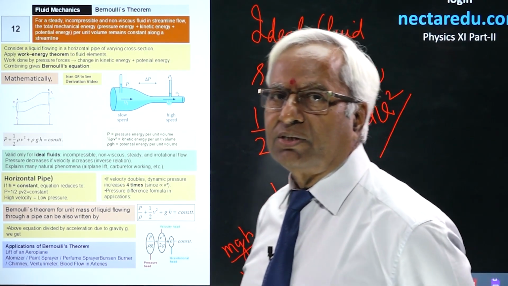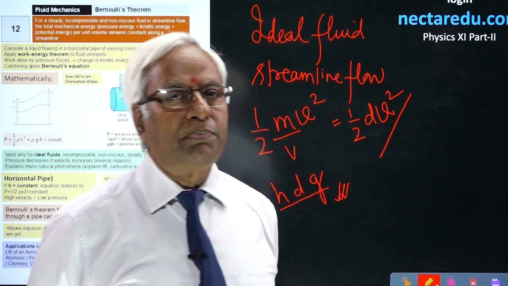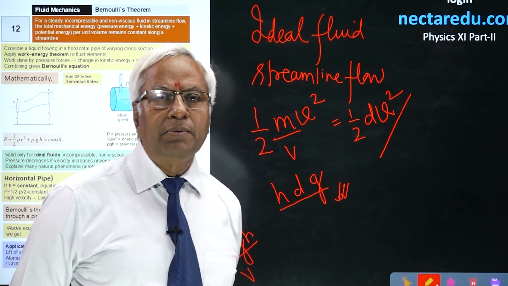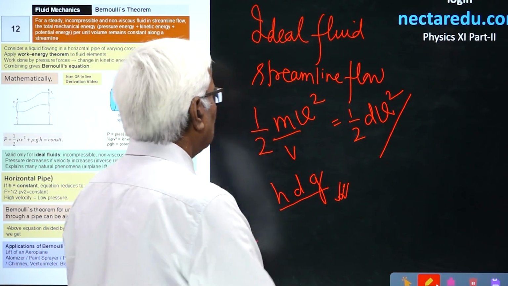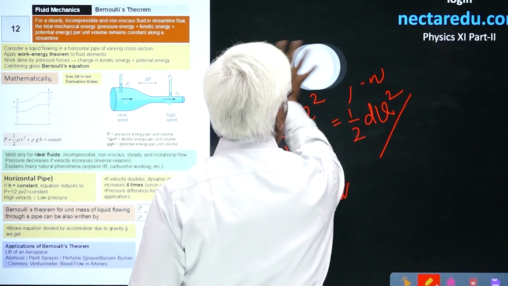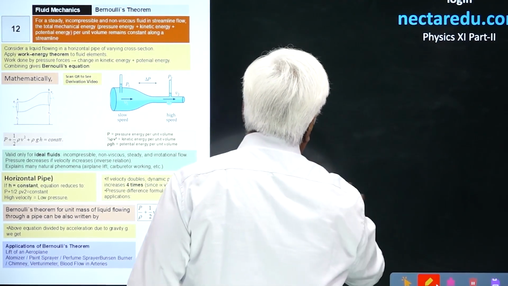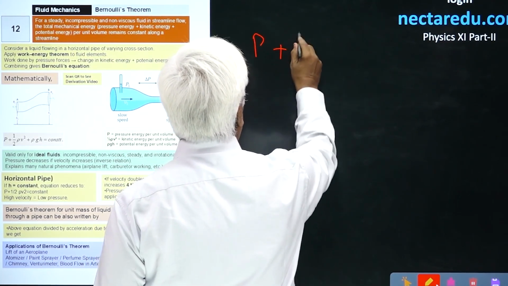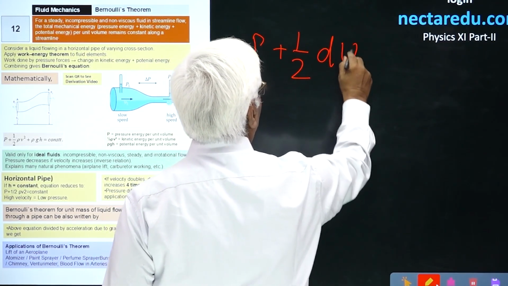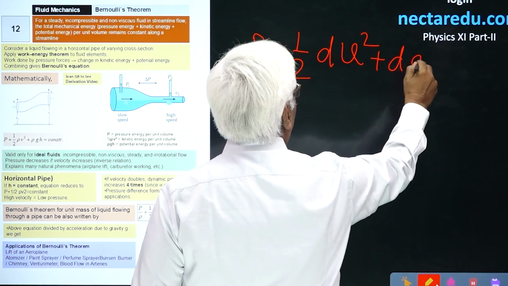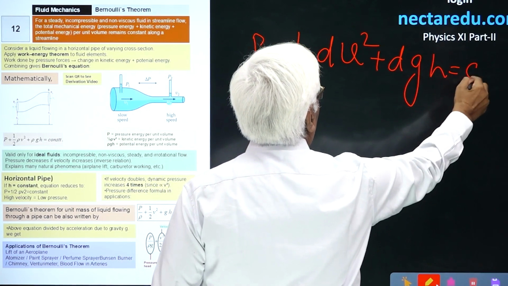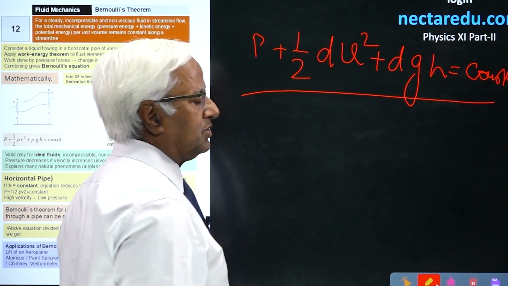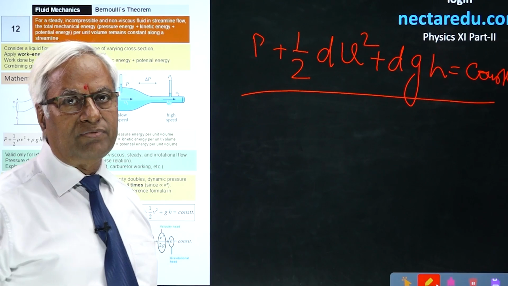Similarly, the pressure energy is P delta V, and pressure energy per unit volume is going to be P only. If you sum up all the three terms, this theorem says that the sum of these terms per unit volume always remains constant. But the very important condition is that this is applicable for streamlined flow and ideal fluid.